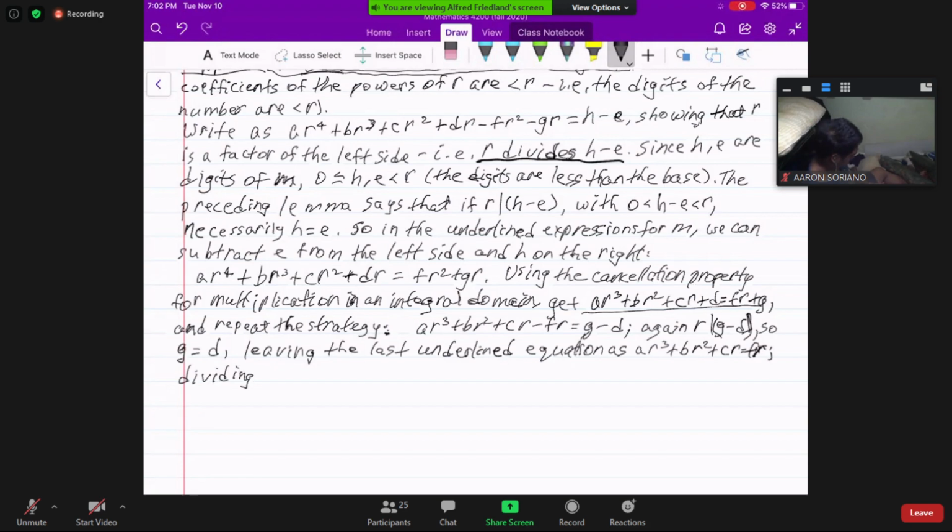R is different from 0. R is a base, so it's greater than 1, so you can divide by it.